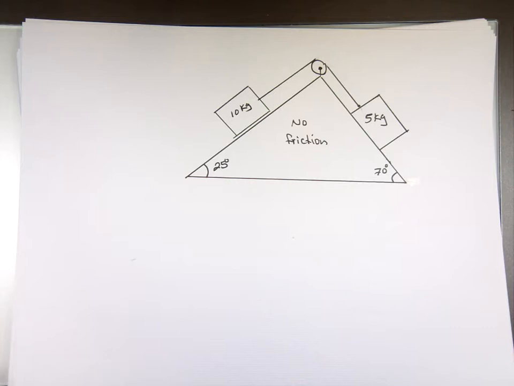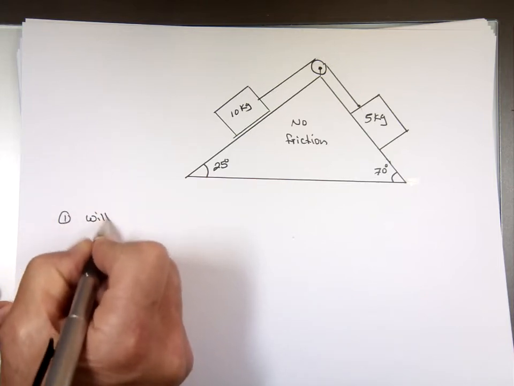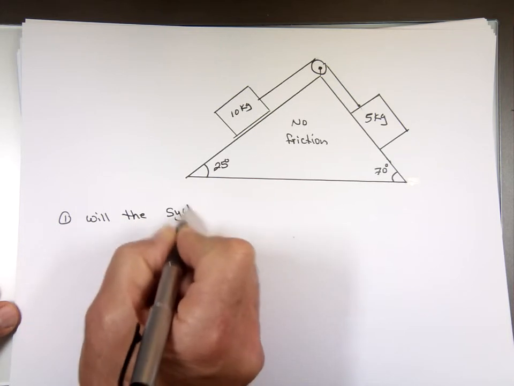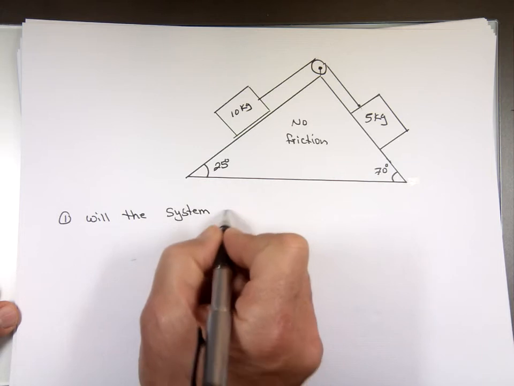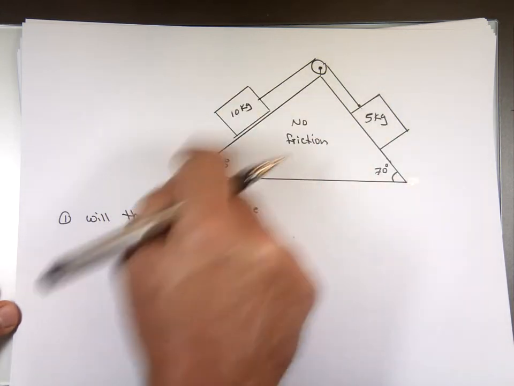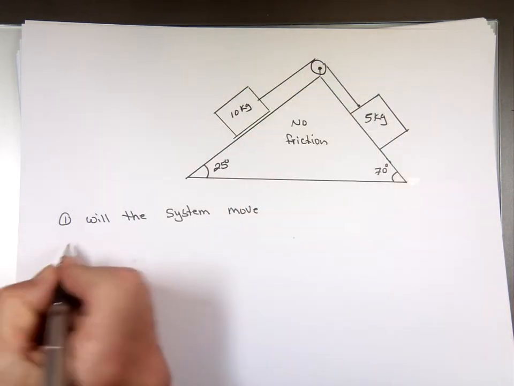Question number 1. Will the system move? So you hold them, then you let go. And now, would it go this way, this one will go down and that's up, or would it go down this way and that's up? If yes, we'll go here.